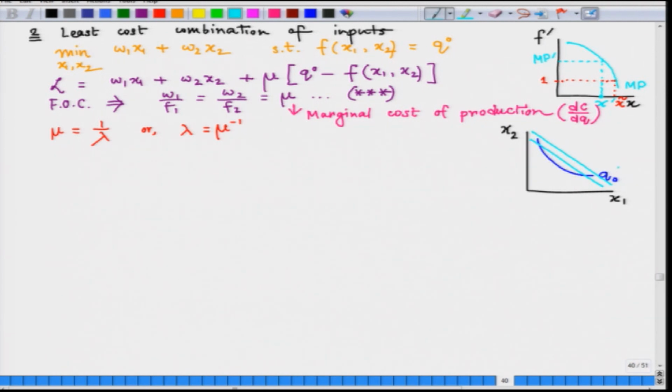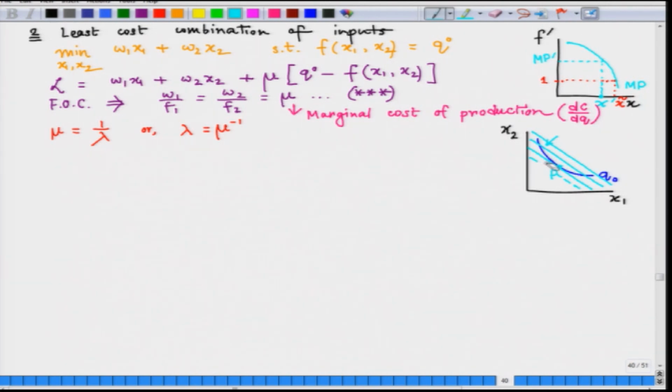So, our target is to go down. Now, how far can you go down? You can find an isocost line such that it becomes tangential to the isoproduct curve or the isoquant at a particular point, say denoted by point P, and that is the least cost at which you can produce, because if you go down further, say to this level, then you cannot produce that output level Q naught.